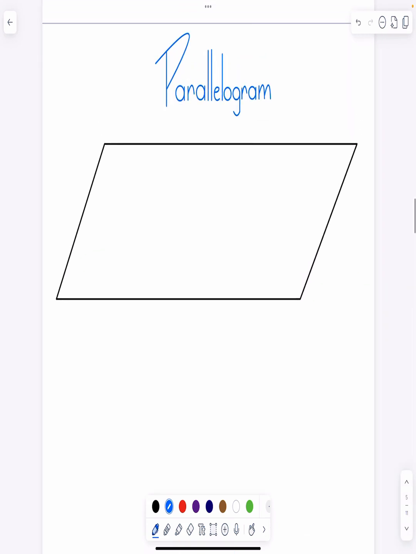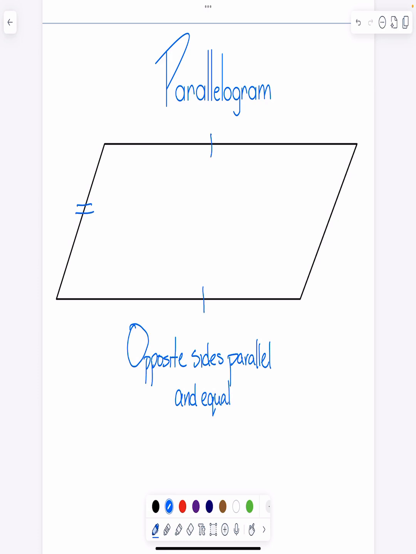A parallelogram is a case where opposite sides are parallel and equal. And so we'll denote our equality and our parallelism.